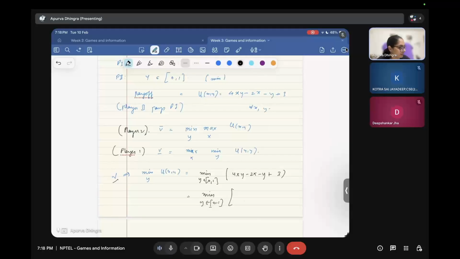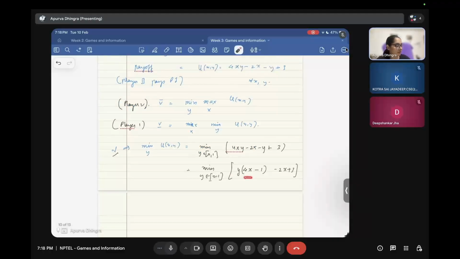We could rewrite this by taking terms that have y dependence together and the remaining terms separately. So now the value of x has a role to play here. The value of x will decide, or rather this would behave like a slope and tell us how we should go about it.